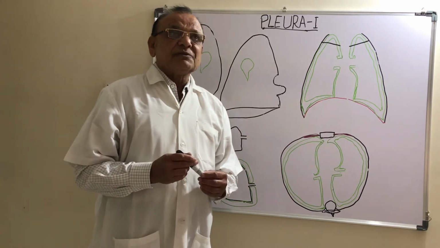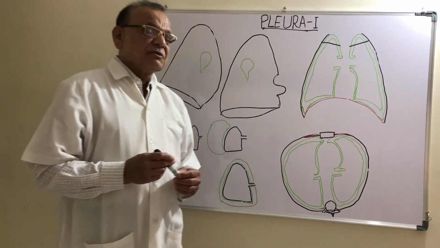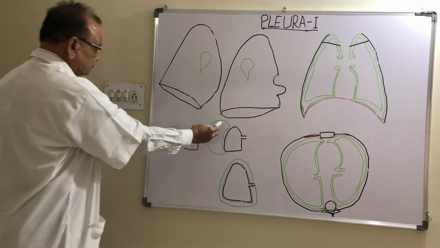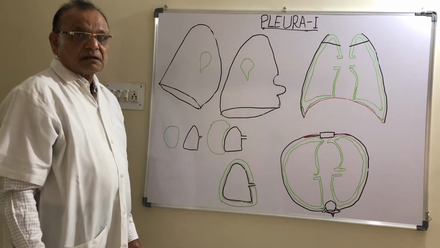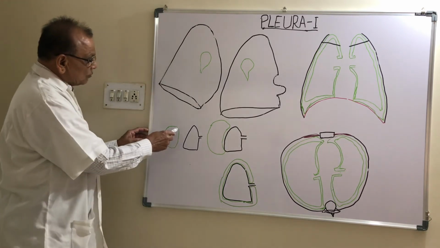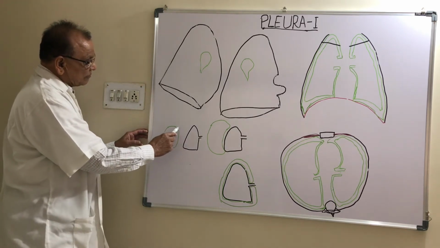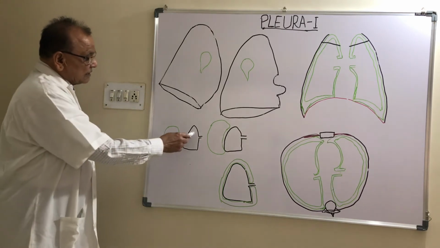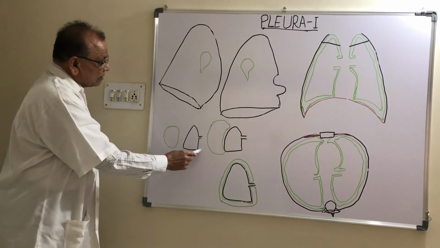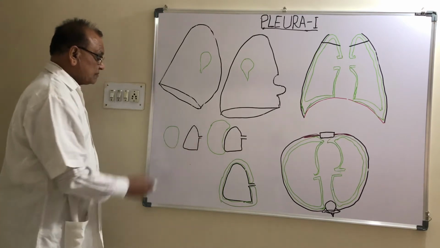Now for the invagination, you see this figure. During development, this is the developing pleural sac, and this is the developing lung with the root of the lung.